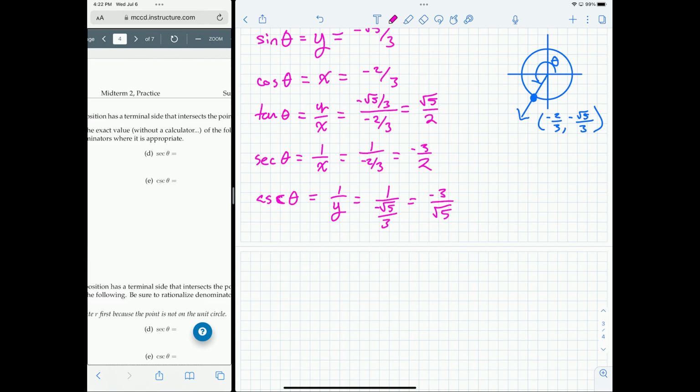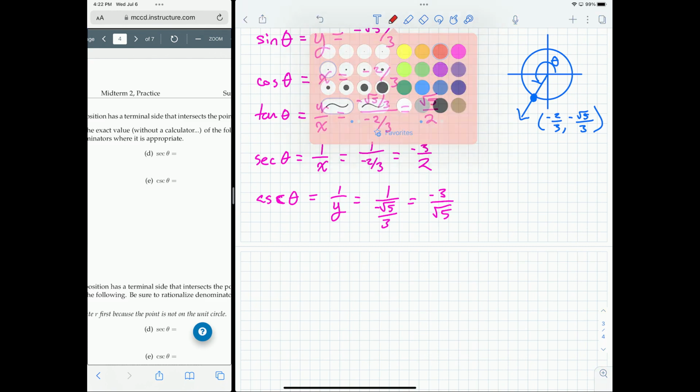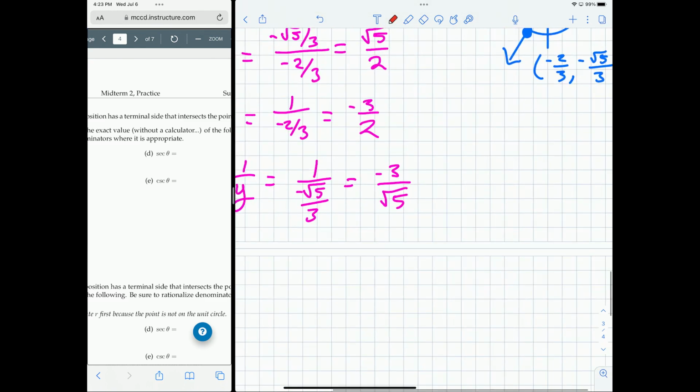This is technically the correct answer, but we don't like having the square roots on the bottom. To fix that, you can multiply it by root 5 over root 5. And you'll end up with, on top, negative 3 root 5, and at the bottom, just 5. If you just wrote the first one, you're still correct, but you haven't written it in the most simplified form, which is the one on the right.